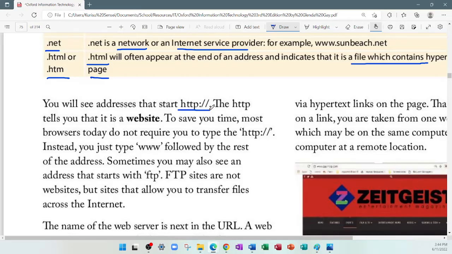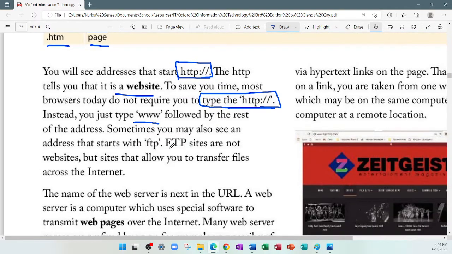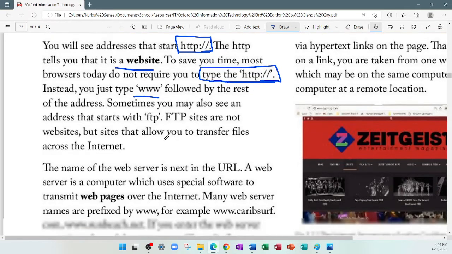Good. So as I mentioned, http colon backslash backslash indicates you're accessing a website. You don't need to type in http because you just need to start typing www. The http is automatically added to the URL when you are searching for the website.